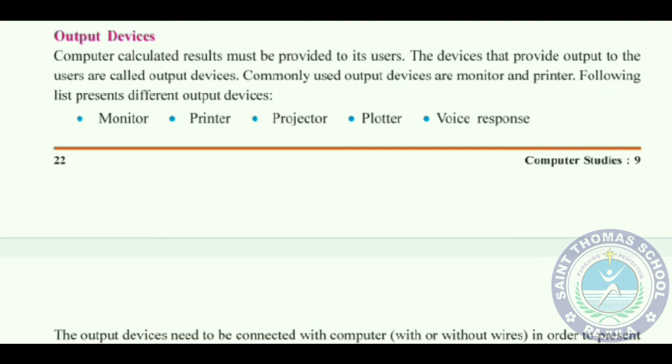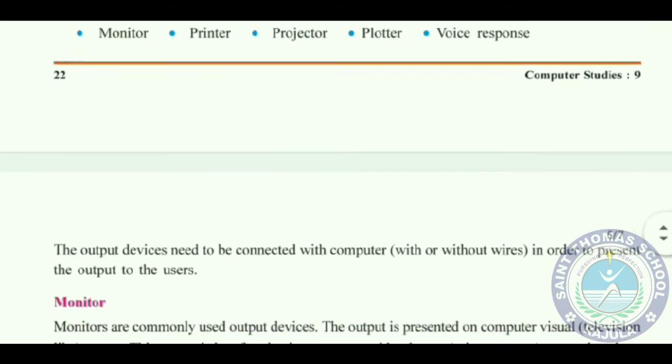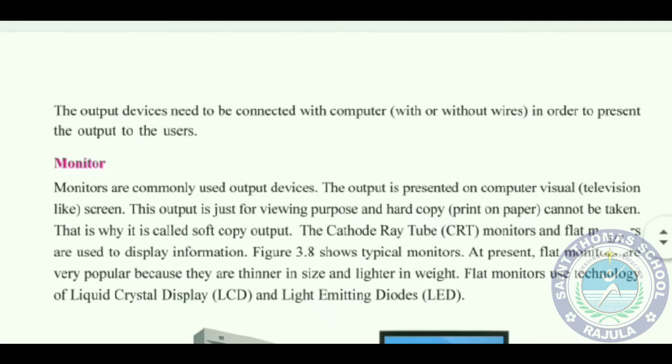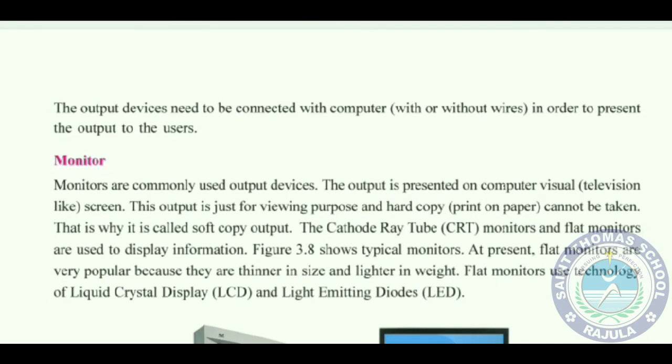Now one by one we will see these. The output devices need to be connected with the computer with or without wires. Yes students, nowadays the technology is enhanced and both types of devices are available, wireless and wired.